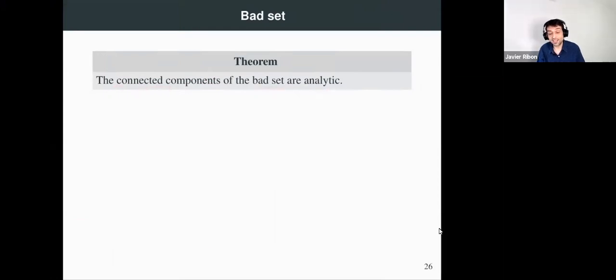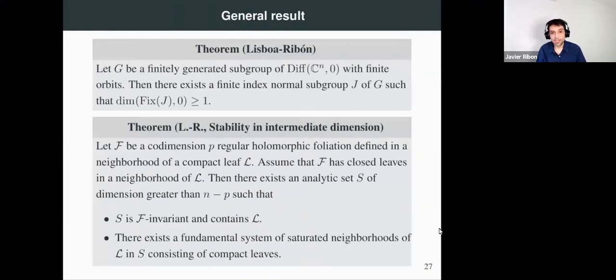The bad set is not analytic because it can be a countable union of analytic disjoint sets, but the connected components are analytic. And finally, this result can be generalized to higher dimension. In this case, we are going to have an analytic manifold through the origin of positive dimension consisting of periodic points. And you can even generalize it for groups.